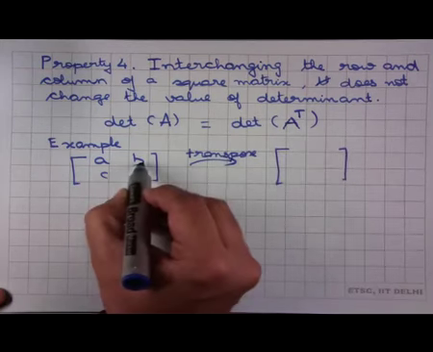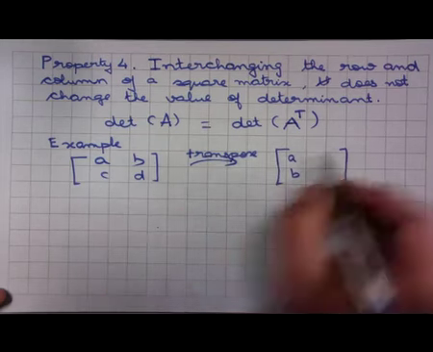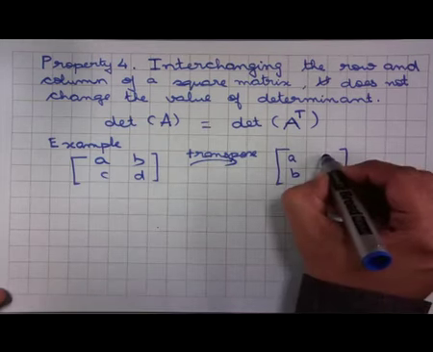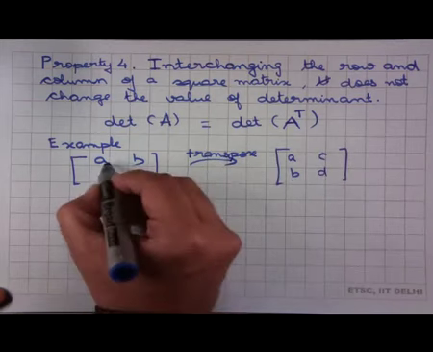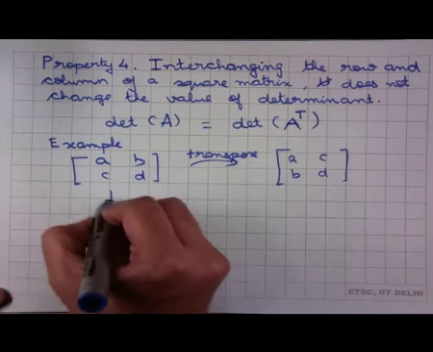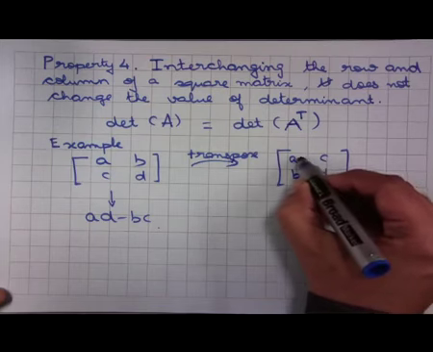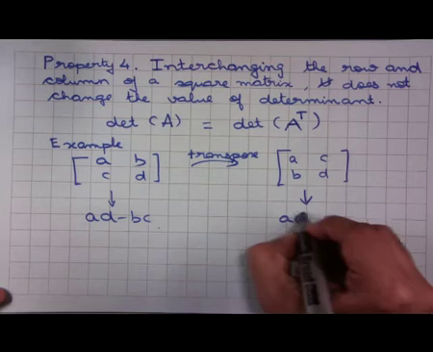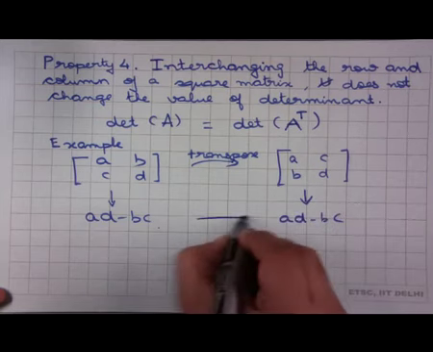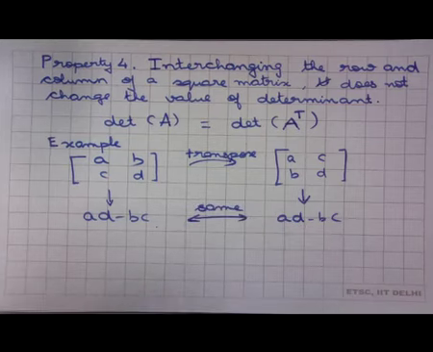Here A B is a row, so we can make that a column A B. Again C D is a row, we can make that a column C D. The determinant of the original is A D minus B C. What about the transpose? Again the determinant is A D minus B C. So, these two are the same. You can take a transpose of a matrix and get the same determinant. This is for a 2 by 2 matrix.